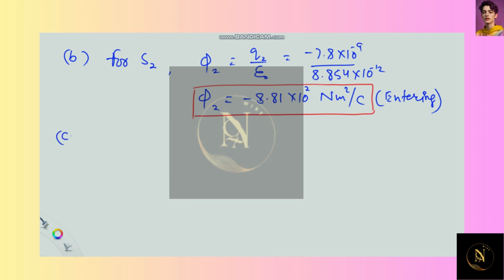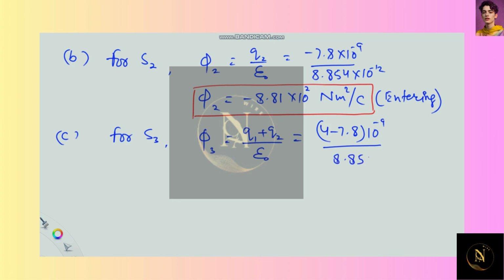Then in the third part of the problem, for surface S3, phi 3 will be given by the sum of enclosed charges Q1 plus Q2 divided by epsilon naught, that is 4 minus 7.8 nanocoulomb or into 10 to the power minus 9 divided by 8.854 into 10 to the power minus 12.